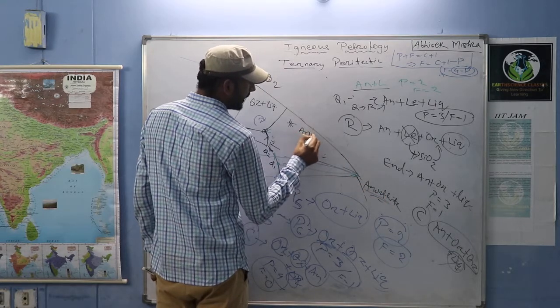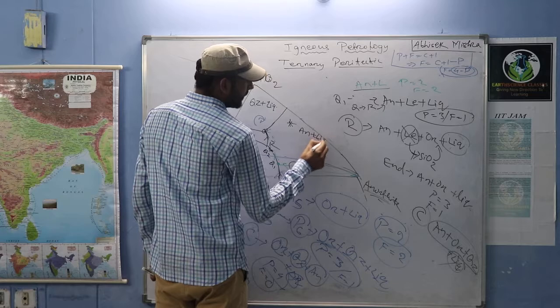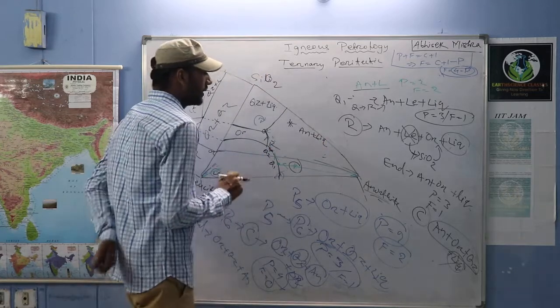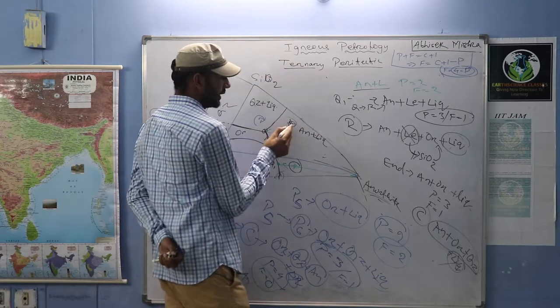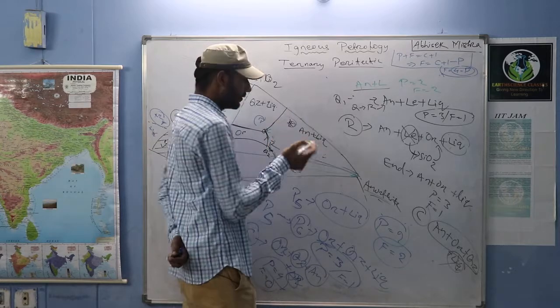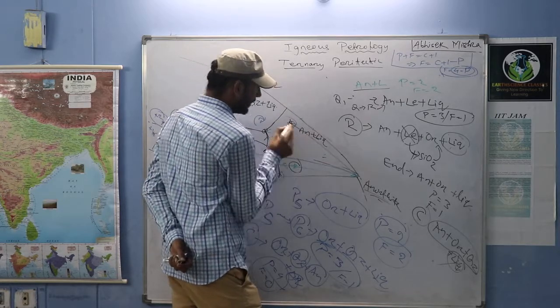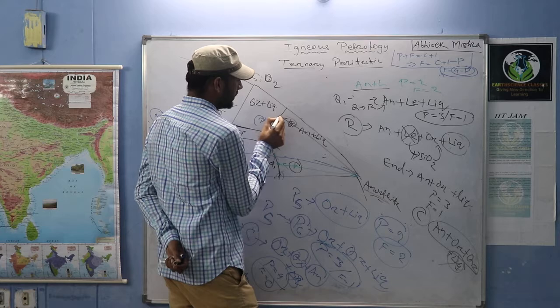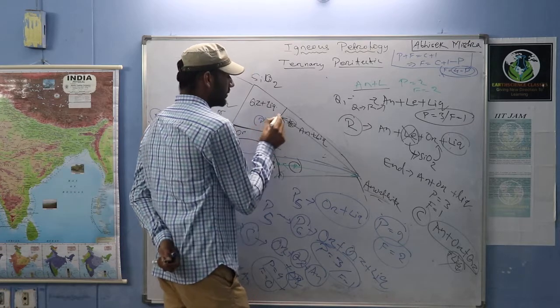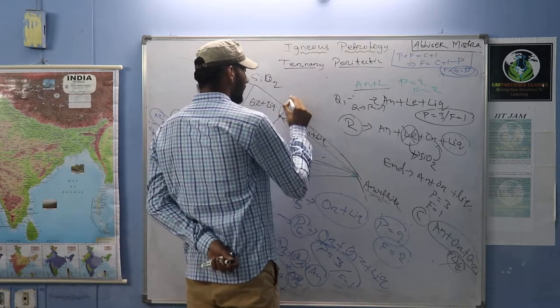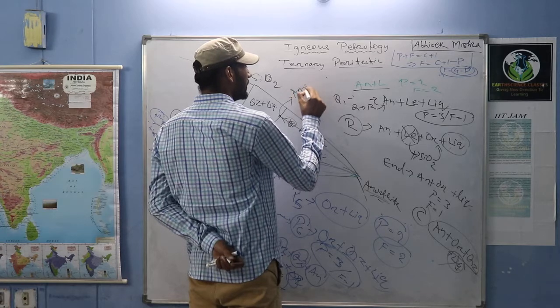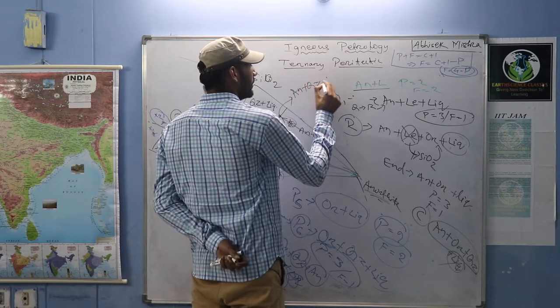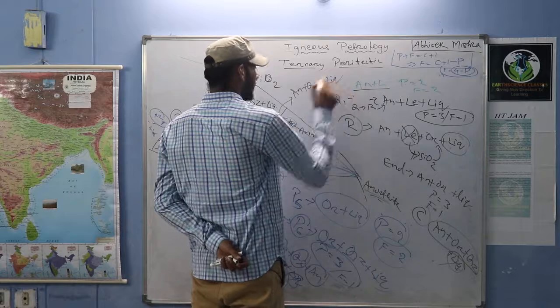So first you are finding anorthite plus liquid here at this point. Then degree of freedom becomes 2. We have to join anorthite, so it will touch a point here. Okay, so at this point you are getting anorthite plus quartz plus liquid.